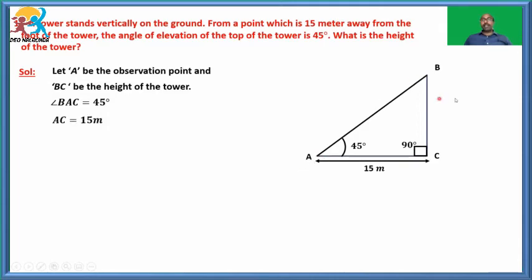Now, in this triangle ABC, we know angle A and the adjacent side with respect to angle A, that is AC, which is equal to 15 meters. And here we have to find the height, that is BC, the height of the tower. So we have to find BC, which is the opposite side with respect to the angle A.